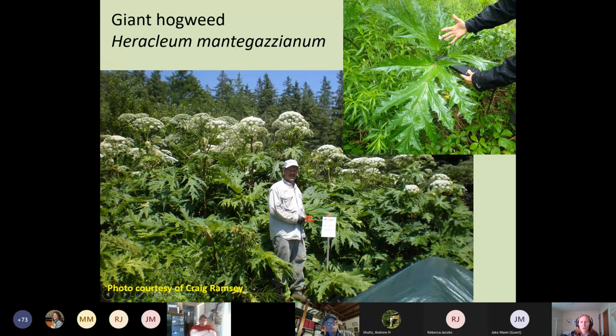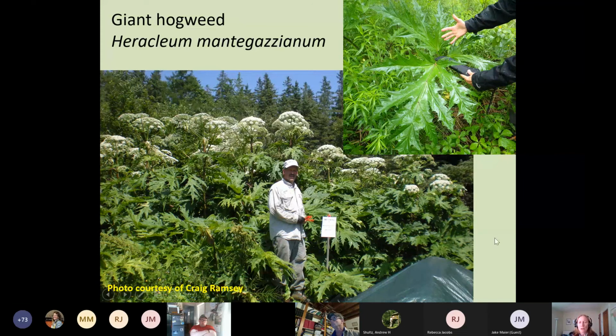So you've got to look for these very large leaves, 3 to 5 feet across. We do have a native lookalike, the American cow parsnip, which also grows in similar habitats of rivers and riparian zones. But those plants are not as tall, their leaves are not as large, and it's not an invasive plant, it's a native plant. It grows, a couple here and there, but it's not going to form a dense stand the way that you're seeing here.